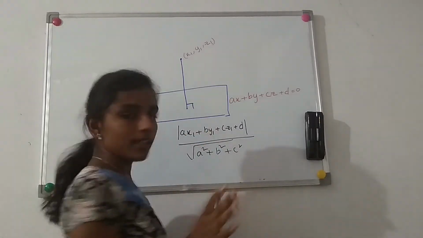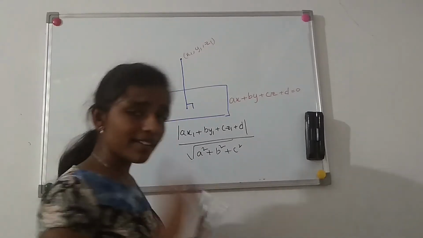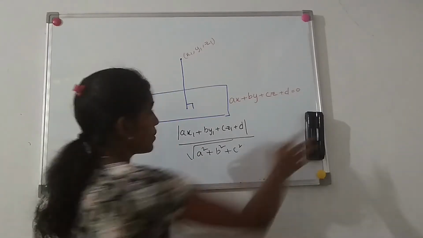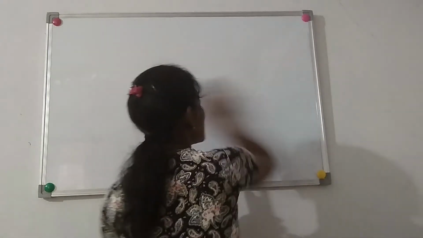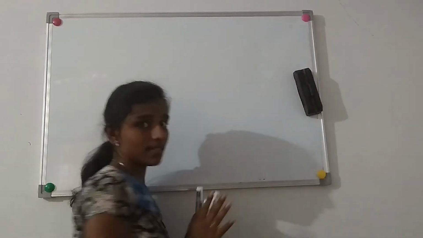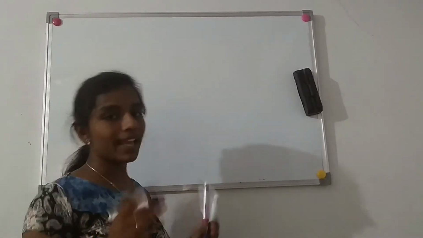Now, this is also very similar to the 2D geometry concept. Now, I'll tell you another concept which is similar to the 2D geometry concept. That is the distance between two parallel planes. You have already studied the distance between two parallel lines.